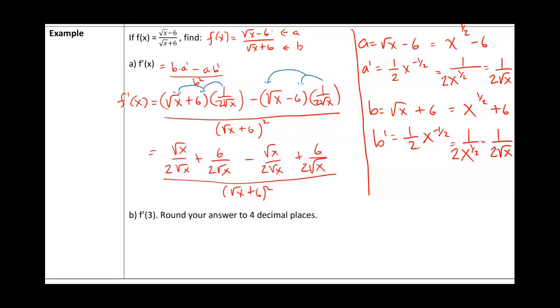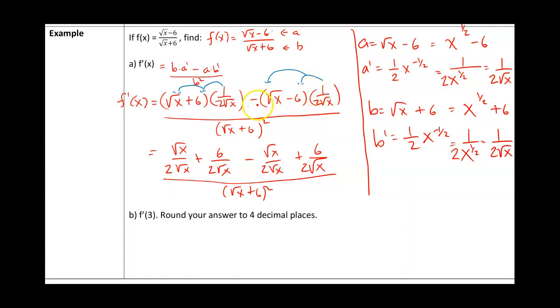Now, if you simplify this, we do have to distribute. If I distribute the 1 over 2 radical x to the radical x, the radical x multiplies with the numerator, so we have radical x over 2 radical x. The 6 distributes, so again 6 multiplies with the numerator, and we have 6 over 2 radical x. Same thing over here.